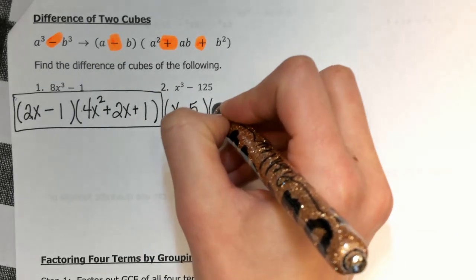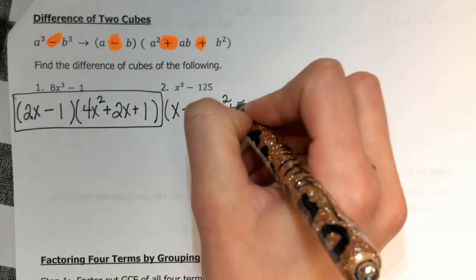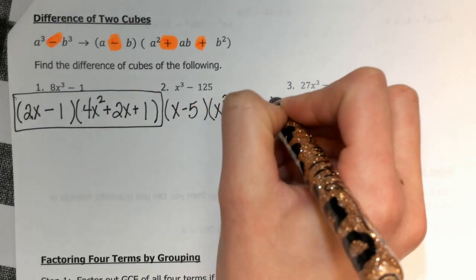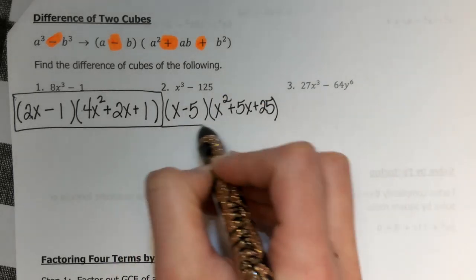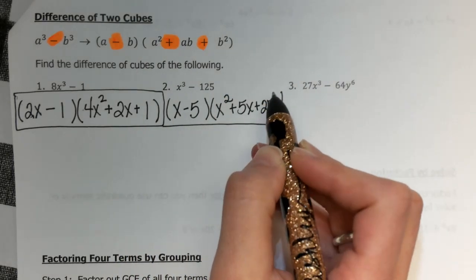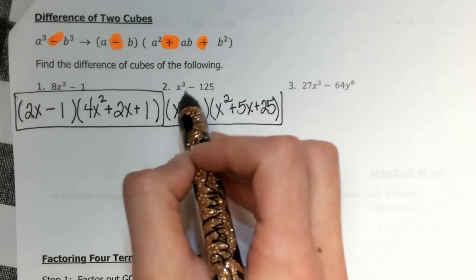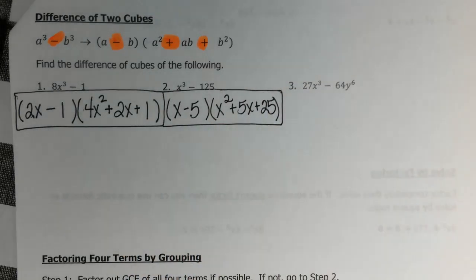Okay, then x squared plus 5x plus 25. Do y'all get that? Do we have questions? How do we show work for that? You don't. Sweet. So you either get it right or you don't.